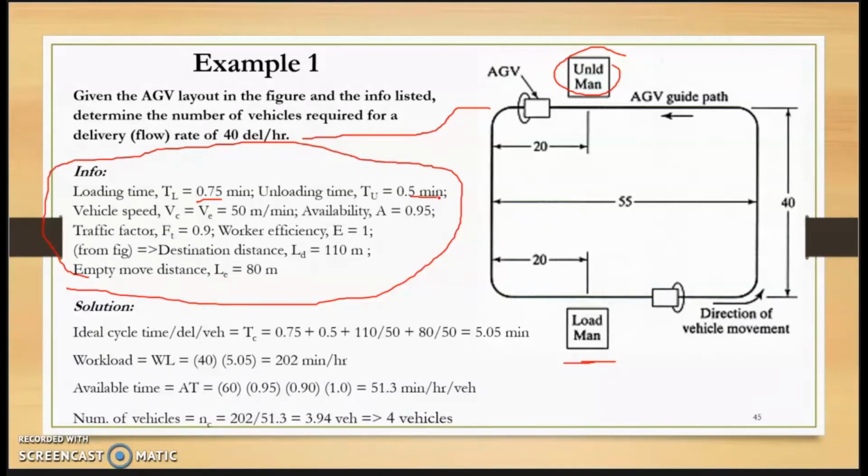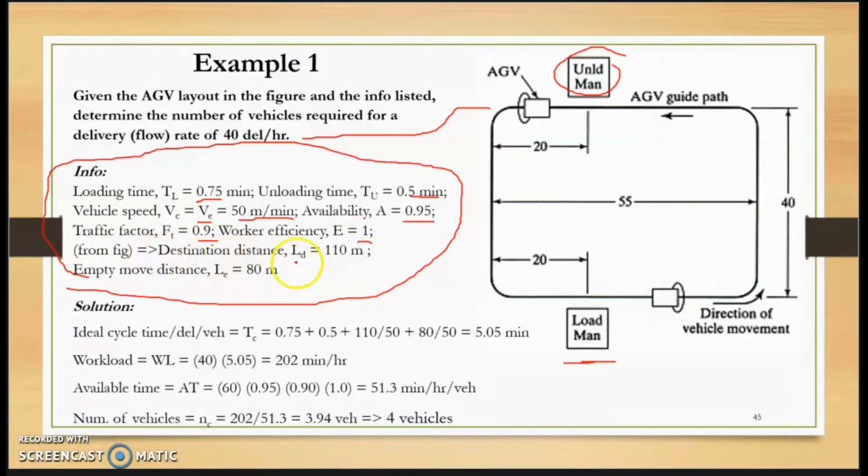The vehicle speeds, VC and VE, are similar, which is 50 meters per minute. The availability equals 0.95, meaning about 95% is available. The traffic factor is 0.9, and the worker efficiency is 1.